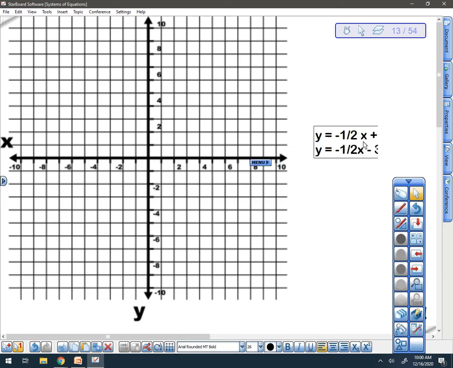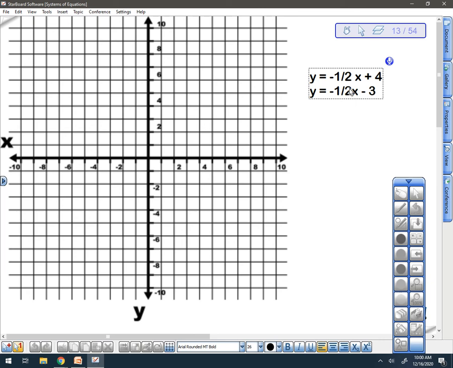So there's our two equations. Find your M, find your B, find your M, find your B. And those of you that write it down, write down the M, write down the B, you do all these steps, even though it'll take you longer to write the stuff down, you will get done with your assignment faster because you won't make as many mistakes.